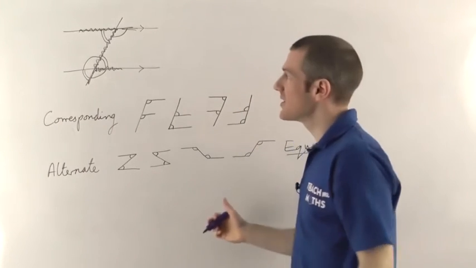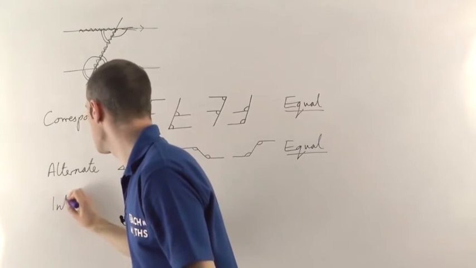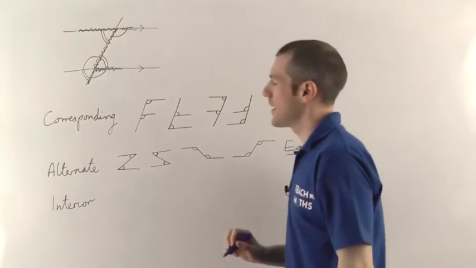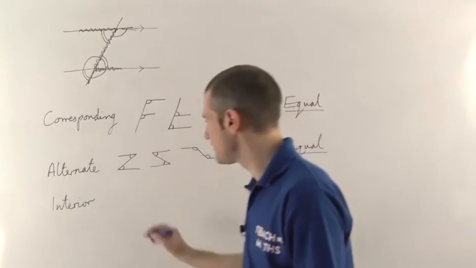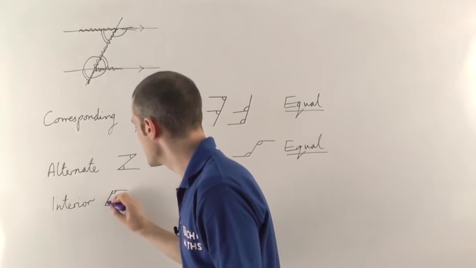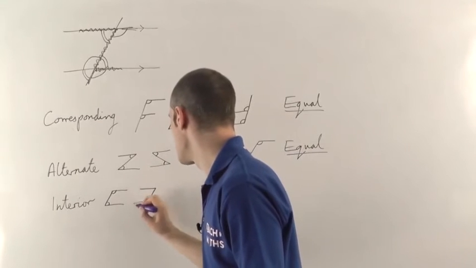The last type that you need to be aware of then is interior angles. And interior angles are like a C shape. So something like that, and it's the two angles that obviously sit inside the C shape. You can have it backwards, something like that.